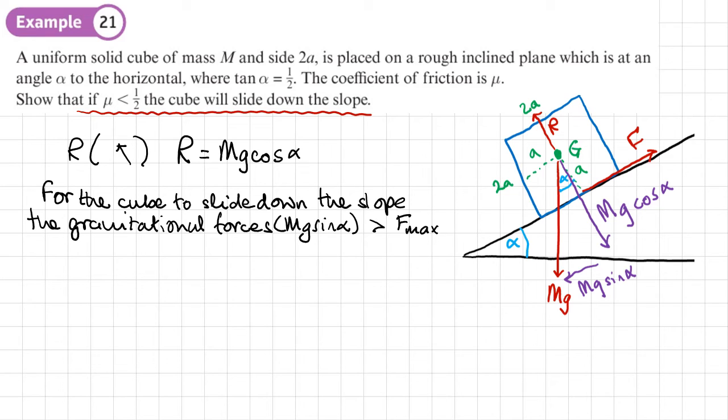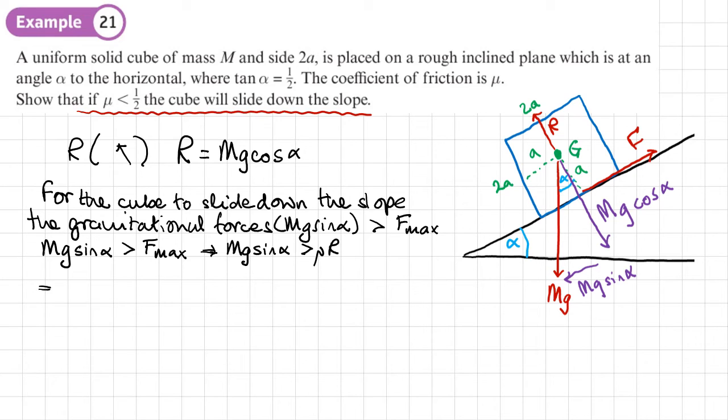So if we write that down, mg sin alpha, the gravitational force, is greater than the maximum frictional force. Now the maximum frictional force is going to be mu R, so mg sin alpha needs to be greater than mu R.